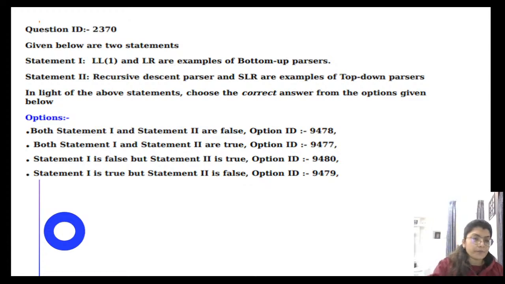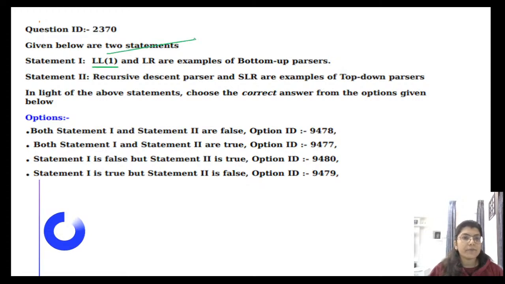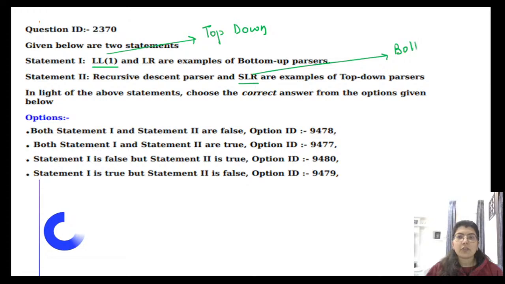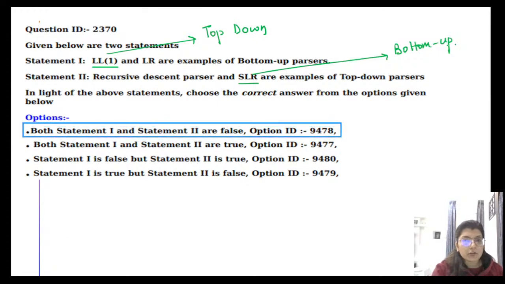I had explained this question to you earlier, that LL1 is your top-down parser and SLR is your bottom-up parser, right? So they have written wrong statements. So this means that both are false, right? So both statement 1 and statement 2 are false.